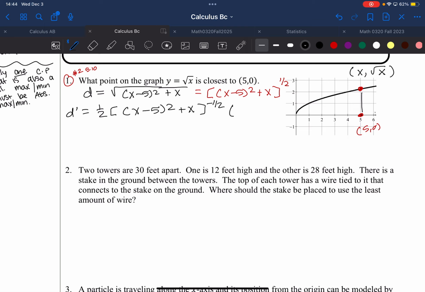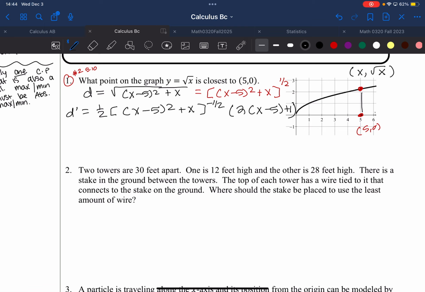Times, so we have x minus 5 squared, so we have to take the derivative of that, doing 2 times x minus 5. Okay, we technically take the derivative again inside of that parentheses, but what's the derivative of x minus 5? 1. So do we need to say times 1? No. But then we have to take the derivative of that plus x. So that's going to be plus 1. Okay, so this whole thing is the derivative.